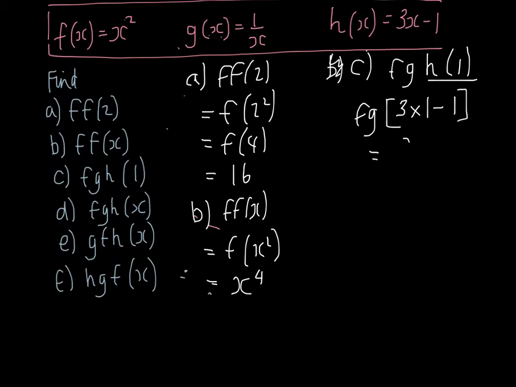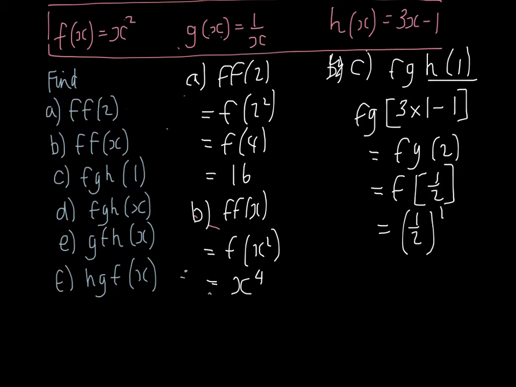So that's going to give us f of g of 2. Then we're going to leave the f as it is, and find out what g of 2 is. So g of 2 is going to be 1 over 2. And then we're going to apply f to that output of a half. So we've got a half squared. So the final answer is a quarter.